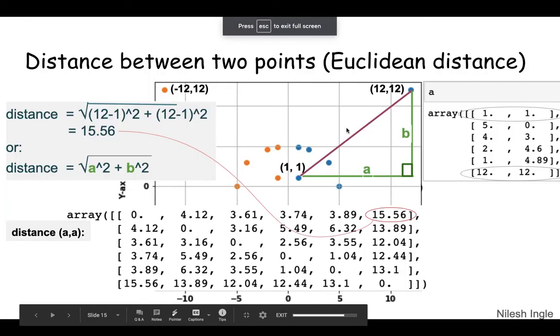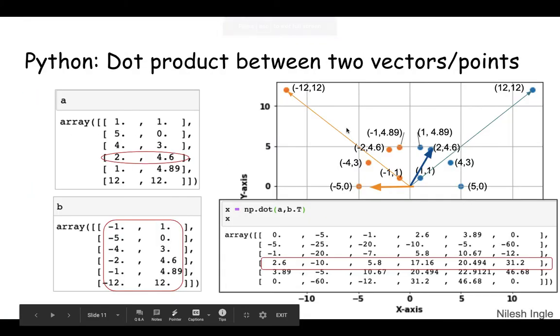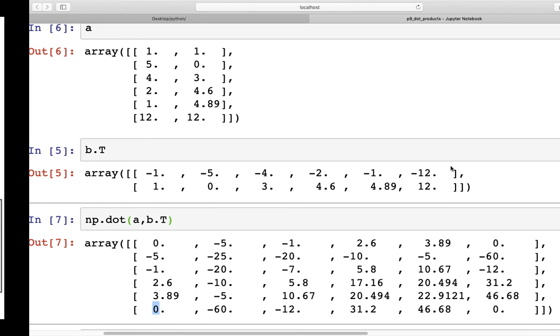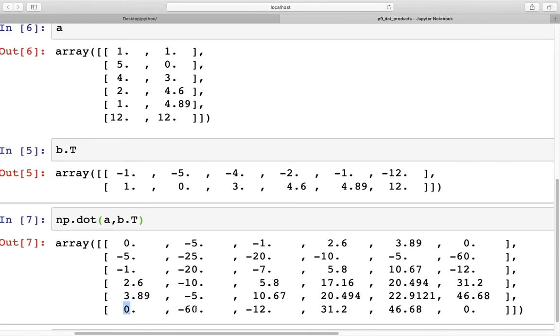So if you go back to the plot, as we can see, vectors -1, 1 and 1, 1 are orthogonal, and the 12, -12 and 12, 12 are orthogonal, and therefore we see those as zeros in this particular plot.